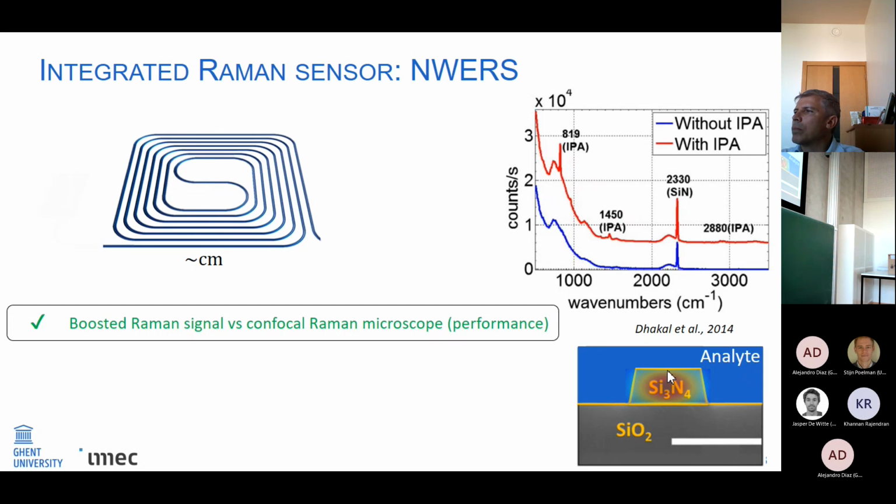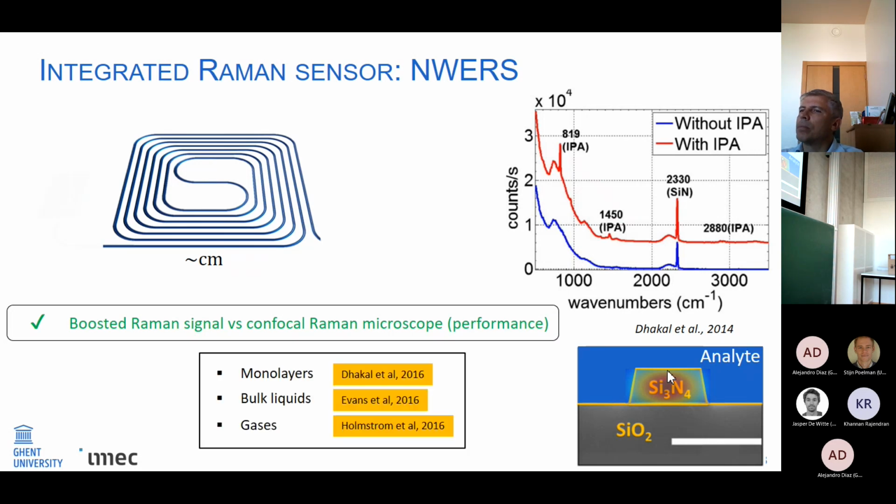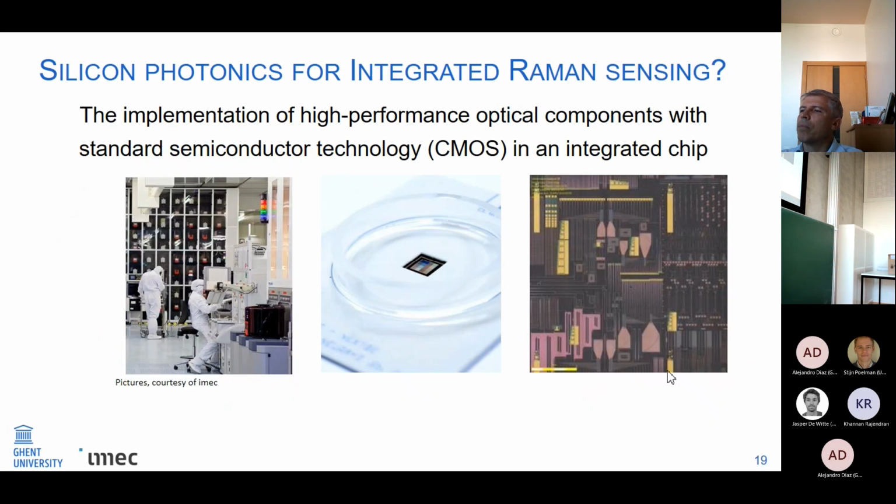So the neat thing about this integrated Raman sensor is that you actually have a boosted Raman signal compared to what's possible with a confocal Raman microscope, like you have in the lab. So you have the improved performance, and furthermore you can detect monolayers, you can detect liquids, and you can detect gases. So there's a large variety in there.